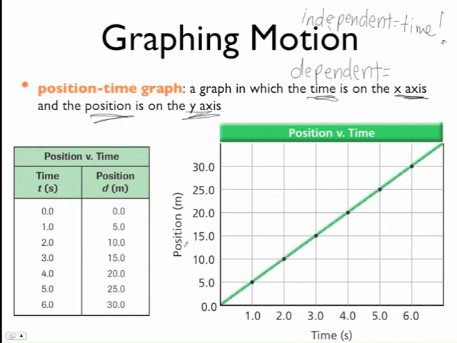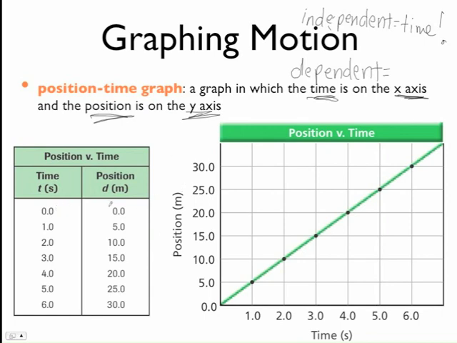Now time keeps going regardless of what you are doing. And so your position depends on the time. The longer you're running, the farther you're going to have run. Usually they'll give you a little table like this where they have some time points and some distance points, and they just want you to plot those.